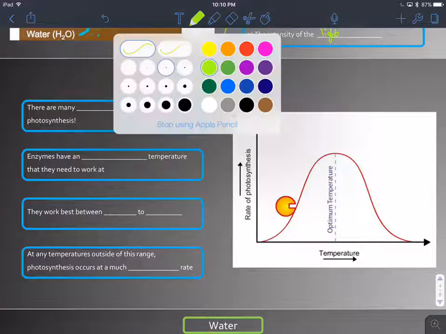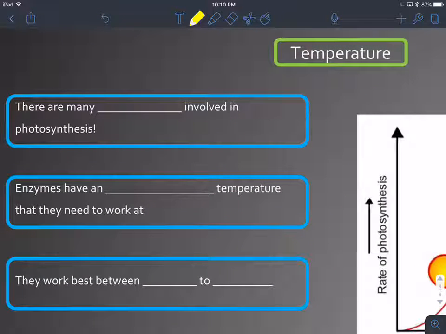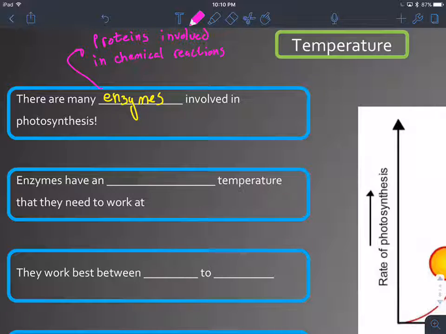So first with temperature, I want you guys to understand that there are many enzymes involved in photosynthesis. And if you remember what enzymes are, they are proteins involved in chemical reactions. Okay, proteins involved in chemical reactions.